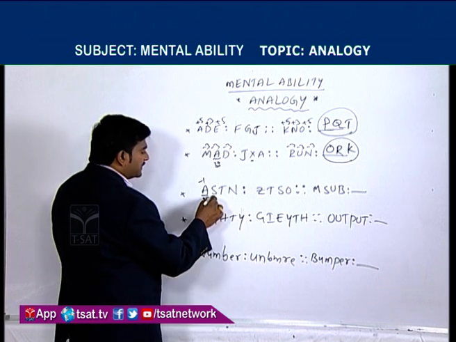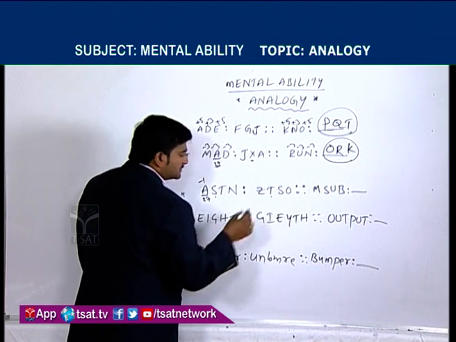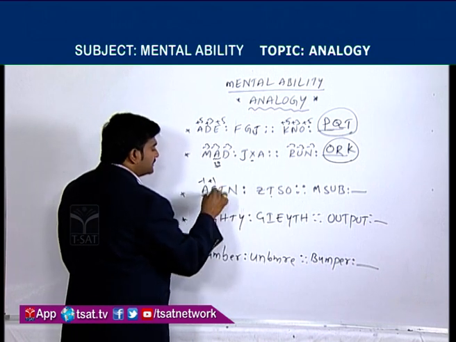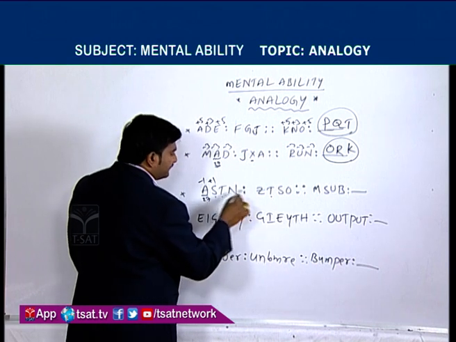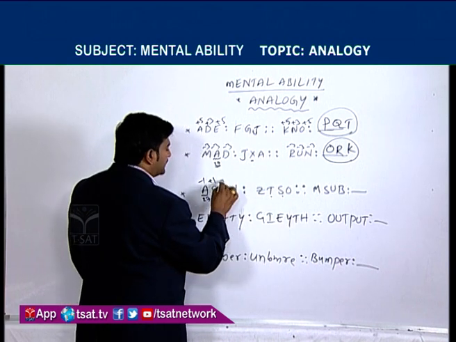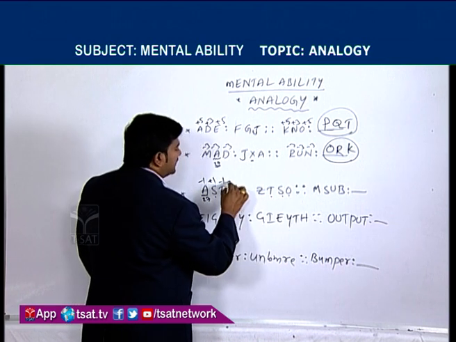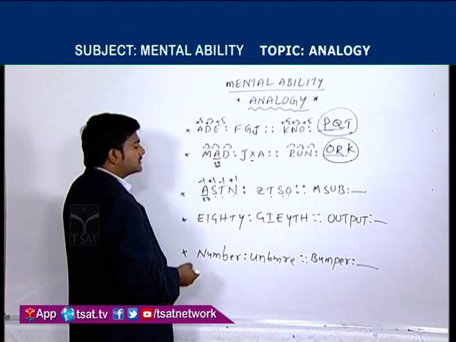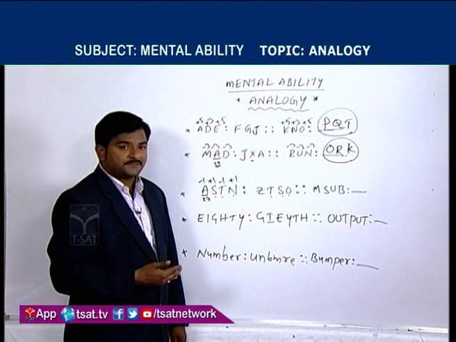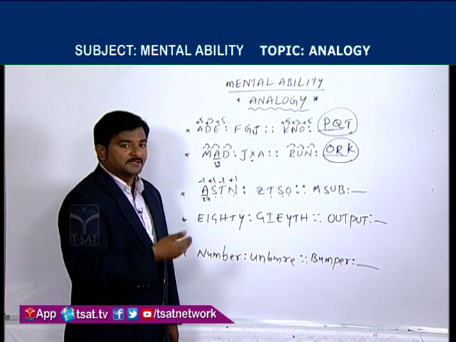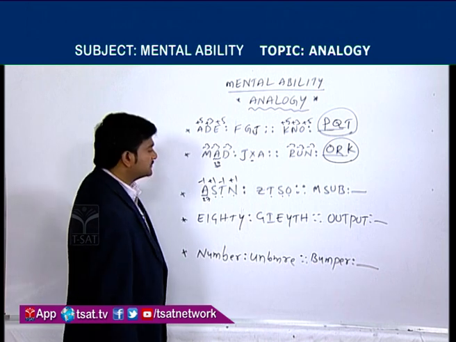And similarly, 19 is written as 20. What does it mean? Plus 1. 20 is written as 19, again minus 1. 14 is written as 15. Again plus 1. The concept involved in that question is minus 1, plus 1, minus 1, plus 1 and so on.